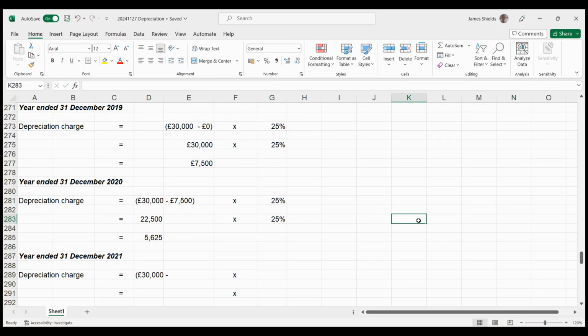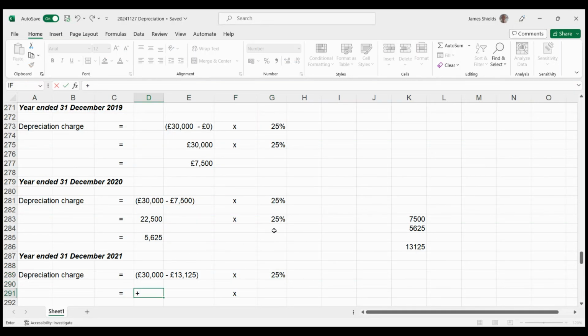So if I just do a little calculation over here, 7,500 plus the 5,625 gives us a total of £13,125. So back to here, we've got £30,000, take away £13,125, and then we'll times that by our 25%.